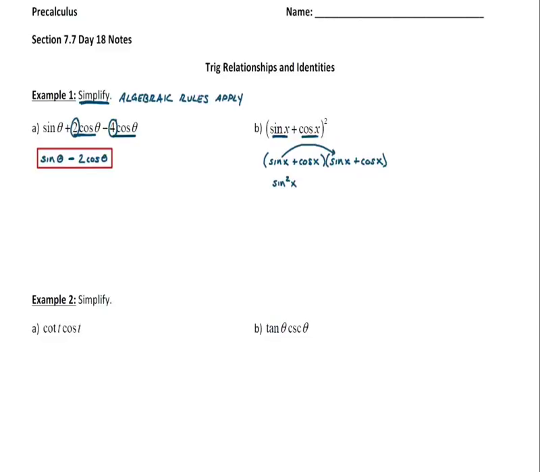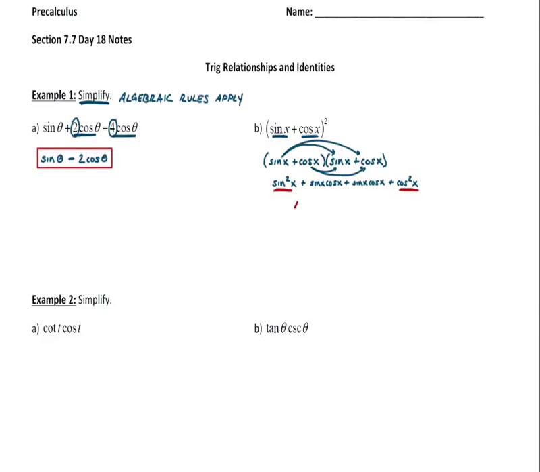We just don't write sine of x all in parentheses squared every time. So this is just notation that is a little bit more straightforward and easier to write. And then sine of x times cosine of x would give me sine of x cosine of x. And then if I do cosine of x times sine of x, I would get sine of x cosine of x. And then the last term would be cosine squared of x.